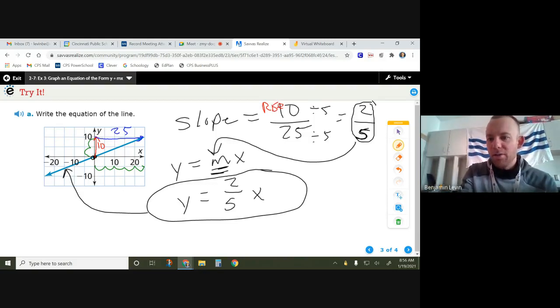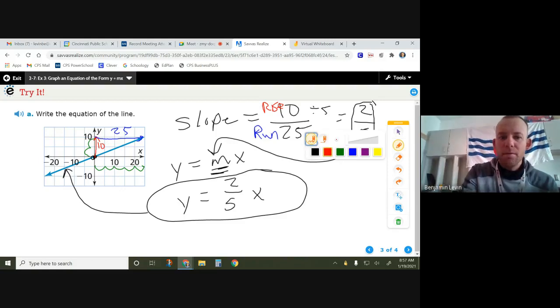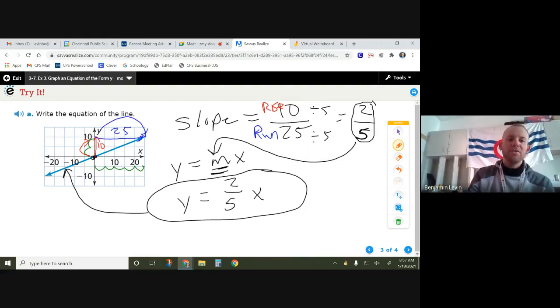I wrote over the 10 a little bit, sorry. Our rise was 10 and our run was 25. We went up 10 and then over 25. Rise over run. Rise is up, down.